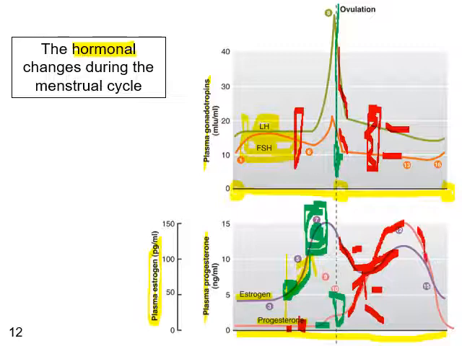So the corpus luteum degenerates, the level of progesterone falls, the level of estrogen falls, the uterine endometrium does not receive a signal to sustain itself, and so the uterine endometrium degenerates, and that is menstrual bleeding. It's the blood from the highly vascularized, well-developed uterine endometrium that is lost. The endometrial cells and the blood flow, and that is menstrual flow. And then the cycle would start over again.